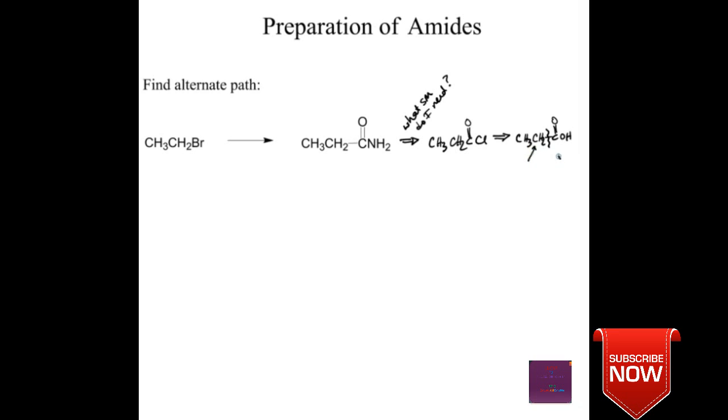Let's imagine breaking that carbon-carbon bond of the carboxylic acid and asking which of these carbons was my nucleophile, which one was my electrophile. I think the carbon with the carbonyl was my electrophile, which means the other one was a nucleophile. How do I make an ethyl group nucleophilic? The Grignard reagent is the way to do that.